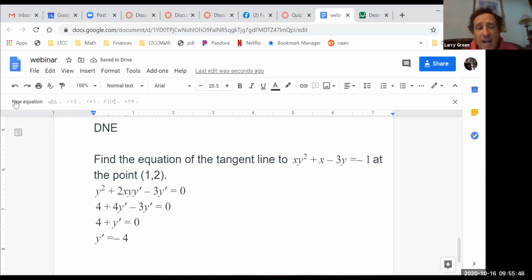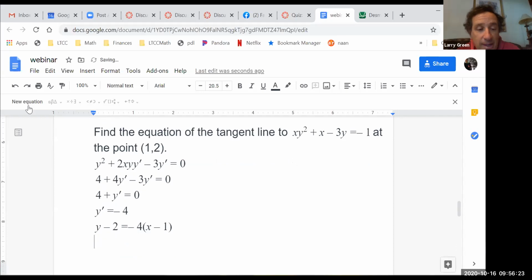And now we just finish it off because the question was find the equation of the tangent line. Well, that's easy. So how do we get the equation of the tangent line? We just go ahead and use the point slope formula. And we can say that y minus 2, because the y coordinate is 2, equals m, which is negative 4, times x minus 1.